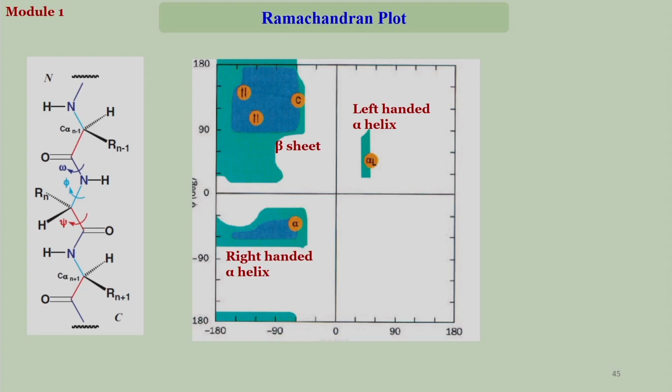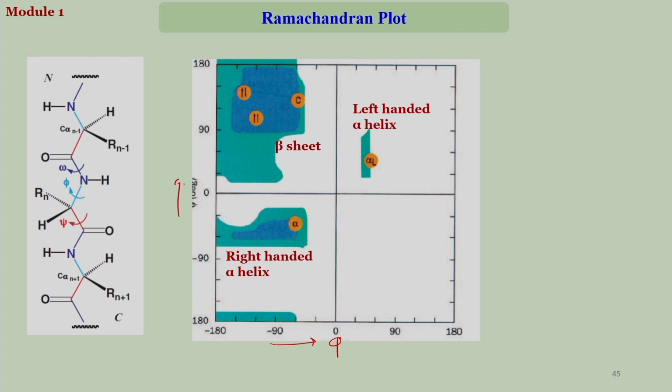The Ramachandran plot essentially tells you which rotations of the phi angle and the psi angle are actually allowed, and you can put dots or points for all the rotations. In this plot, phi goes from minus 180 to plus 180, which makes it a 360-degree rotation.